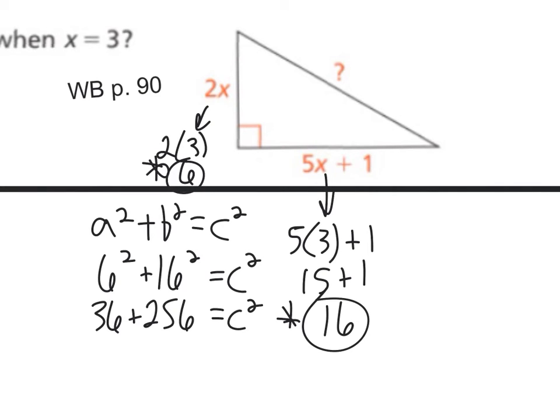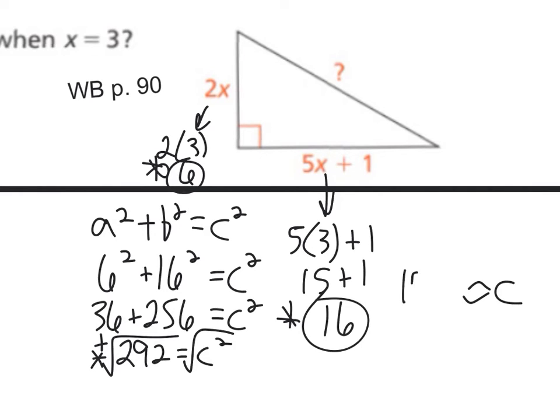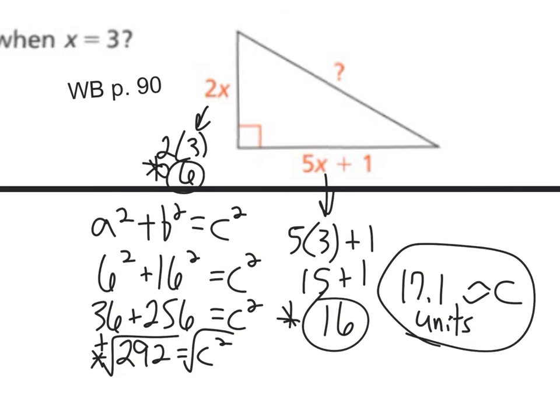We square those, and then they're on the same side, so we can go ahead and add those together, and then they're squaring, so we'll do the square root plus or minus. We can cross out the negative, and this says the nearest tenth. So if we do the square root of 292, comes out to about 17.1. And they didn't tell us feet or anything like that, so we'll just say about 17.1 units.